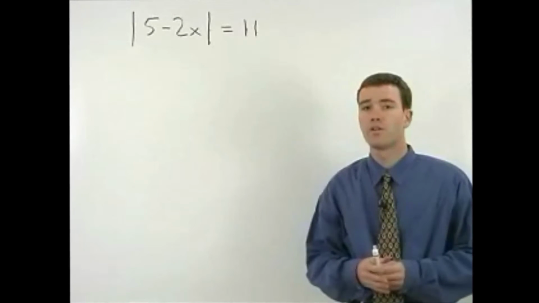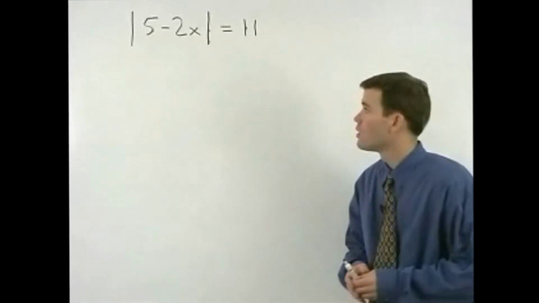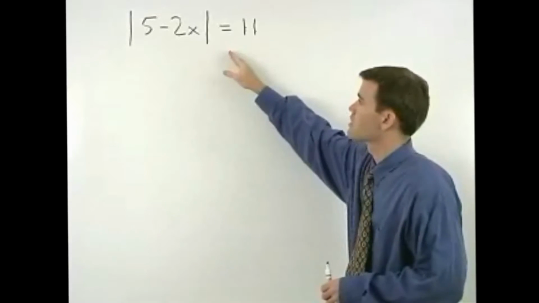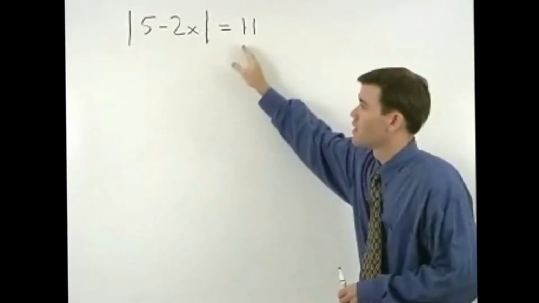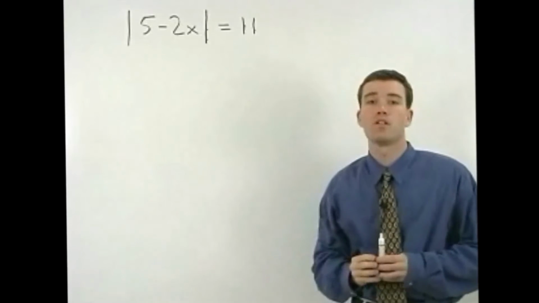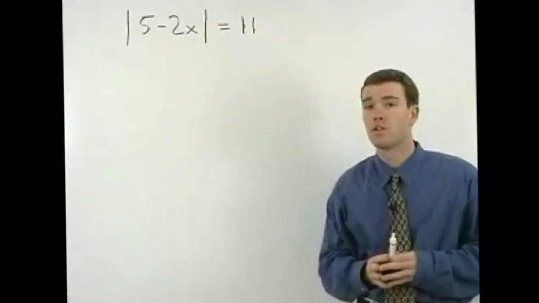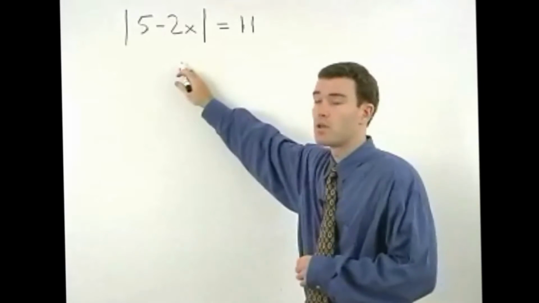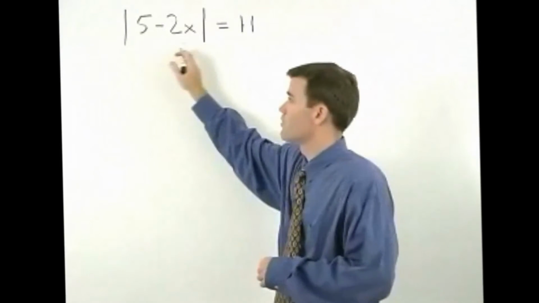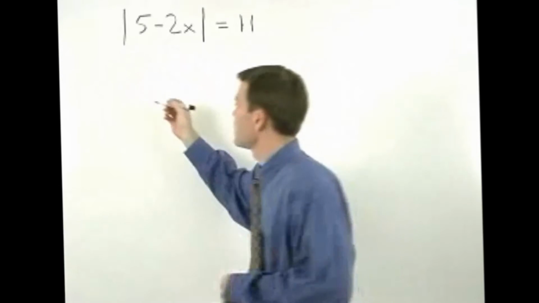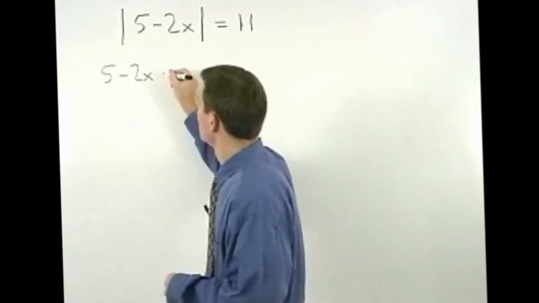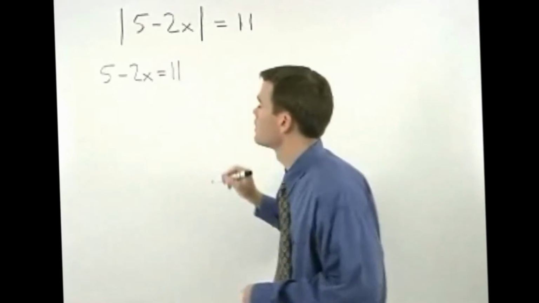Using the rule we learned in the previous example, we can solve the equation, the absolute value of 5 minus 2x equals 11, by first splitting things up into two separate equations. Our first equation will look exactly like the original, except for the absolute value signs. So we have 5 minus 2x equals 11.